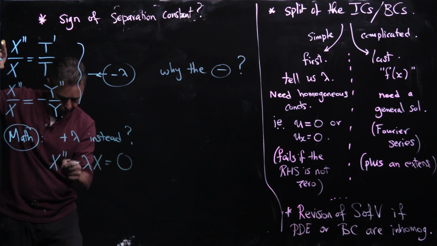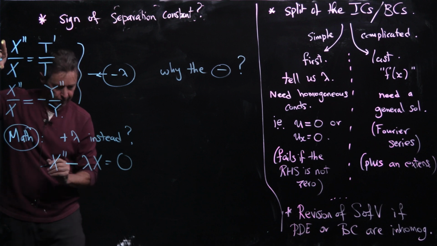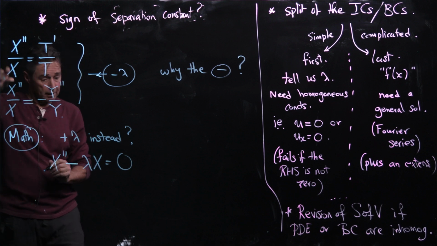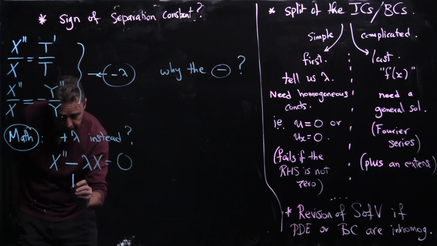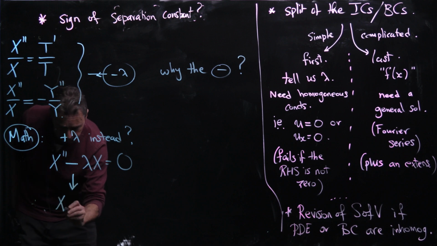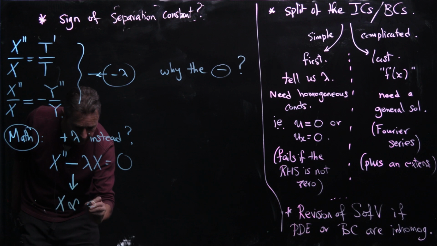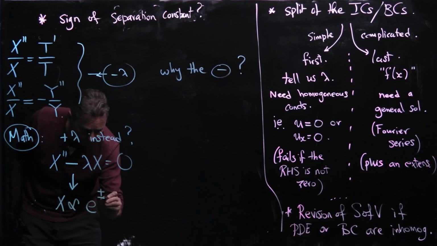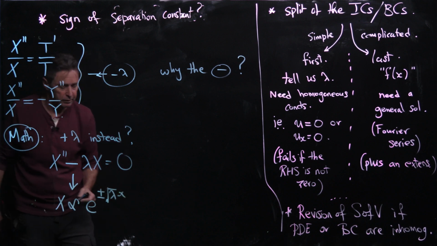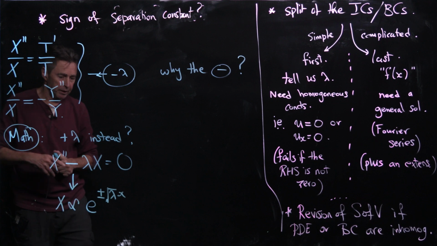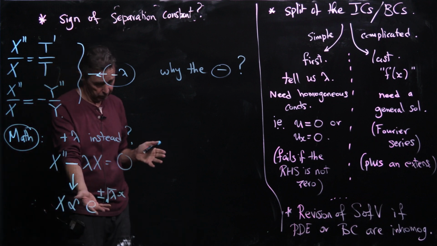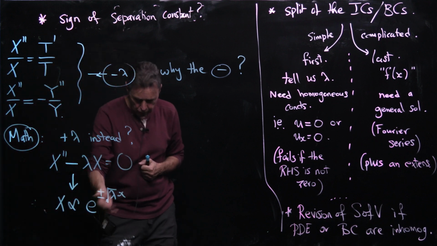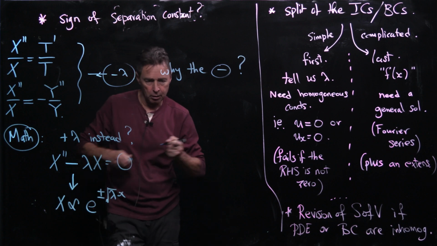We would have switched the sign there. That's what we would have got. Actually, that would mean that the solutions for x would be e to the plus or minus the square root of lambda x. Nothing wrong with those as solutions, right? Just get exponentials. We got sines and cosines, but these would, with this choice, be exponentials.